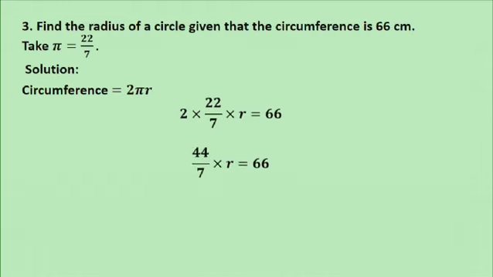Simplifying the left-hand side, we get 44/7 multiplied by r is equal to 66. R is equal to 66 multiplied by 7/44, which gives us 10.5 centimeters.